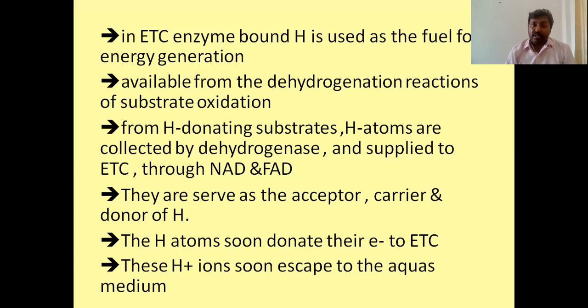From H plus donating substrates, H atoms are collected by dehydrogenase and supplied to the electron transport chain through NAD and FAD, which we studied in the citric acid cycle and glycolysis. They serve as acceptor, carrier and donor of H plus ions. The H atoms donate their electrons into the electron transport chain, and the H plus ions soon escape to the aqueous medium.